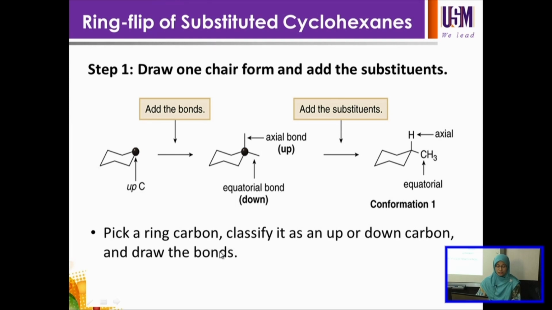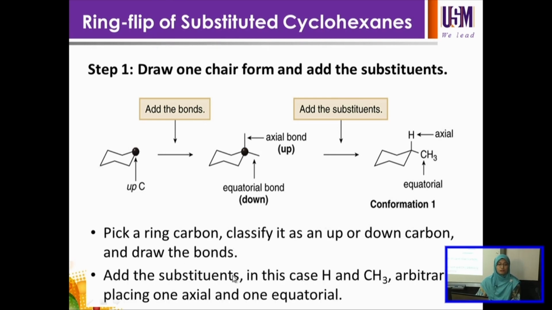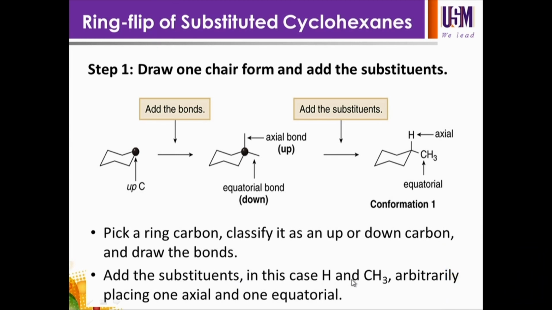You must remember each carbon must have an axial and an equatorial bond. Then you add the substituents, in this case hydrogen and methyl group, and you can place the methyl group in any position, either axial or equatorial. In this example, we have placed the methyl group in equatorial position. This is called conformation 1.